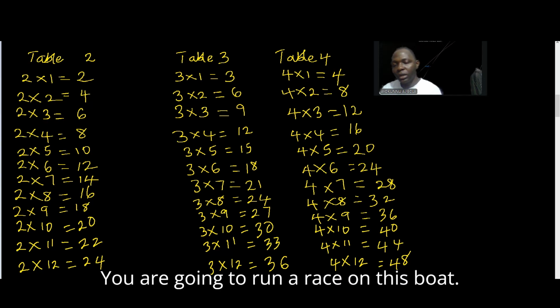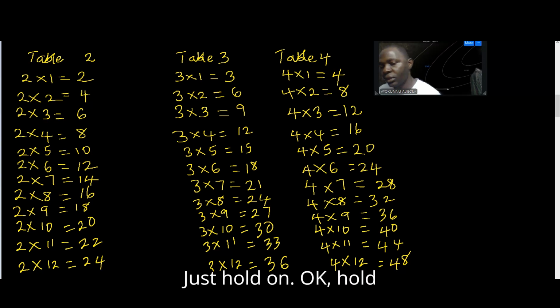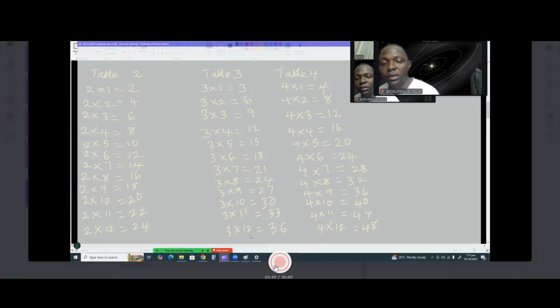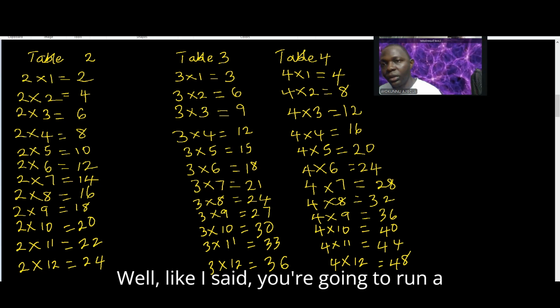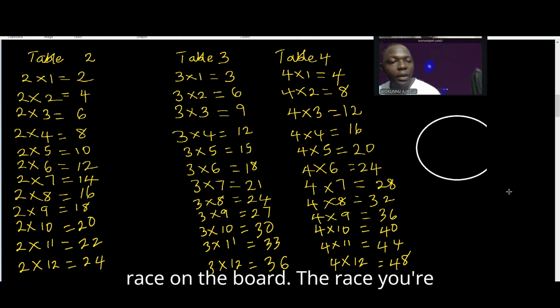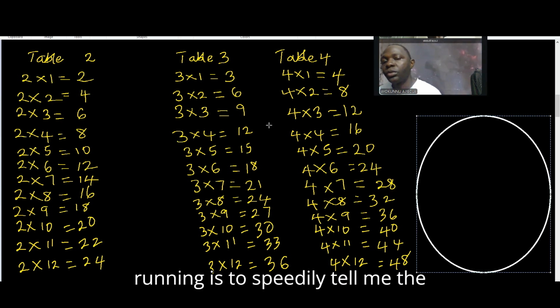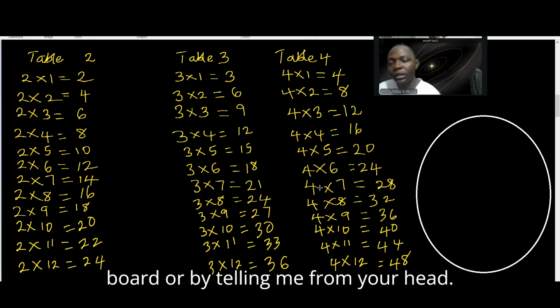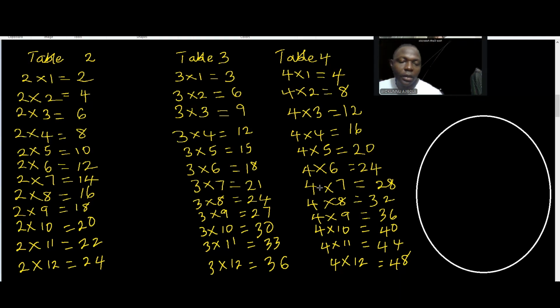Now, let's try again. You are going to run a race on this board. The race you're running is to speedily tell me the answer, whether by looking at it on the board or by telling me from your head.